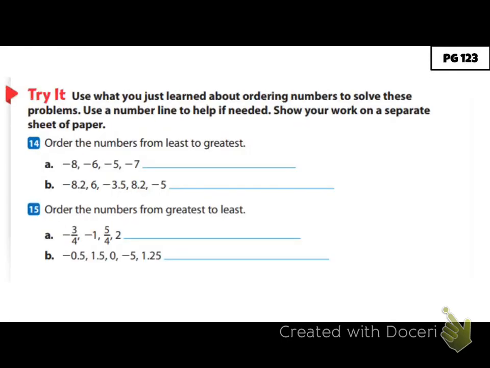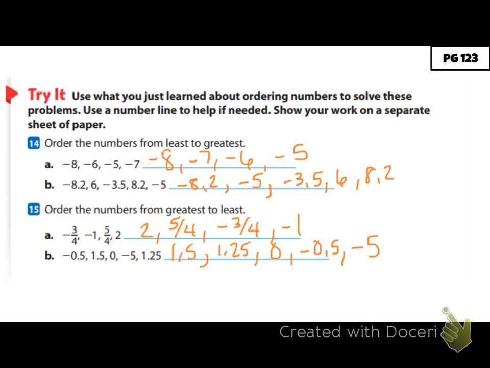So now I want you to take a minute, pause the video, and work out number 14 and 15 by ordering the numbers from least to greatest for 14 and ordering the numbers from greatest to least in number 15. Alright, so for A on 14, it's -8, -7, -6, -5.